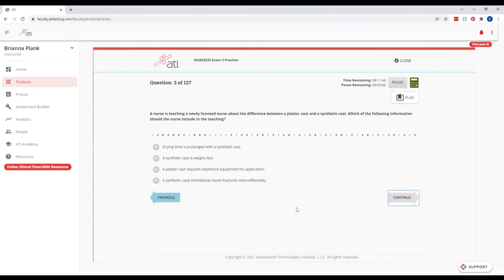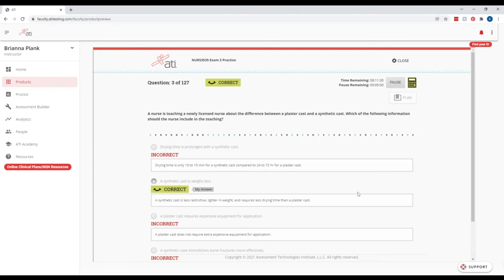Okay, what's the difference between a plaster cast and a synthetic cast? Which of the following information should we include in our teaching? Patrick thinks B. And that is correct. So really, plaster casting, in my experience, we don't really do in the ER.